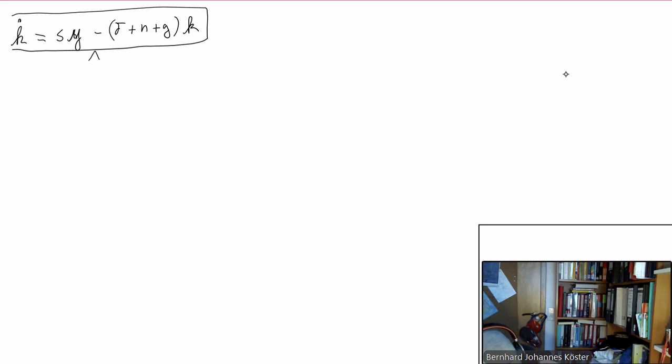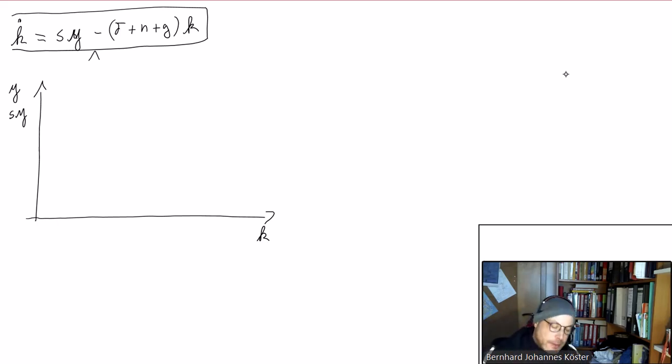So let's write down in our diagram on the vertical axis total production and our savings, and on the horizontal axis capital.